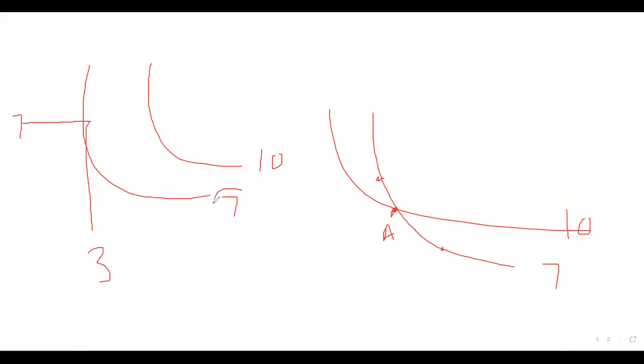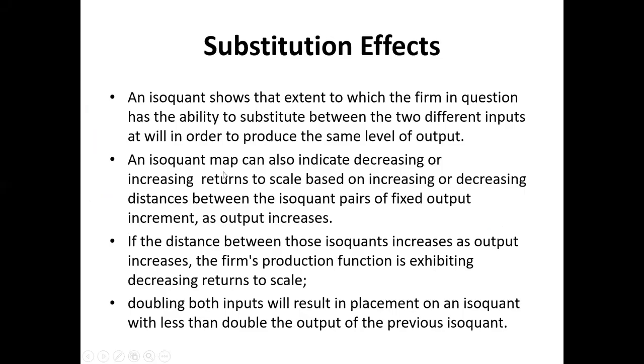They're still giving you an output of 7. You could also have a combination of 2 combination 6, where these are labor units and these are capital units, or vice versa. So they depict that you are still able to, at some point, produce the same output, even at different points. So that's the main concept that we get from there.